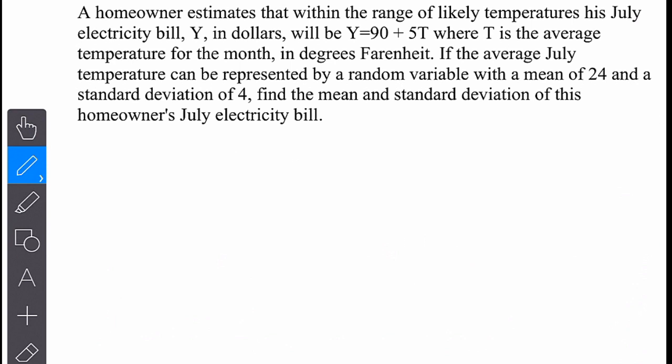A homeowner estimates that within the range of likely temperatures, his July electricity bill, Y, in dollars, will be 90 plus 5T, where T is the average temperature for the month in degrees Fahrenheit. So there's a fixed cost plus the effect of the temperature.